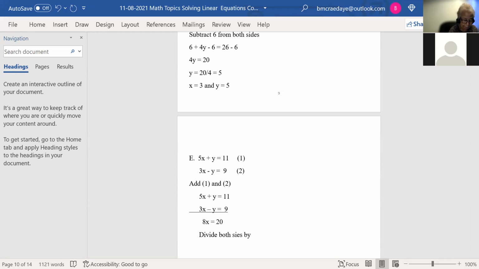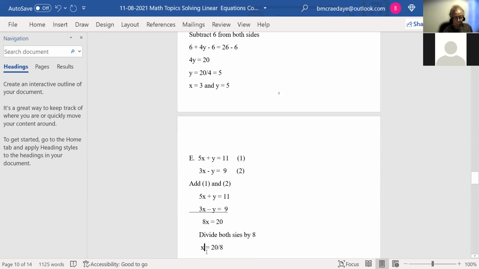Divide both sides by 8. So that means x equals 20 divided by 8. So what's 20 divided by 8?